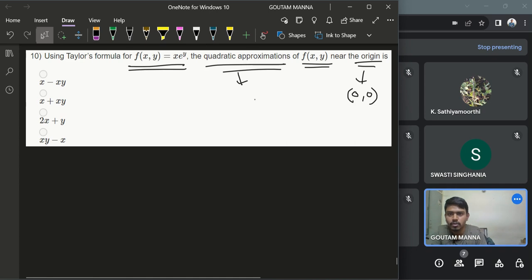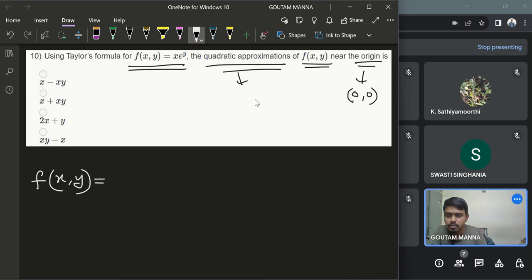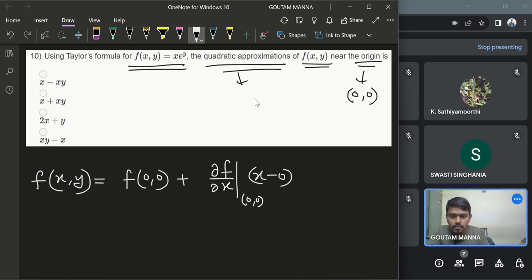So f of xy near the point (0, 0) will be f(0, 0) plus, just using the Taylor formula, del f del x at the point (0, 0) times (x minus 0). So let me write the formula first.